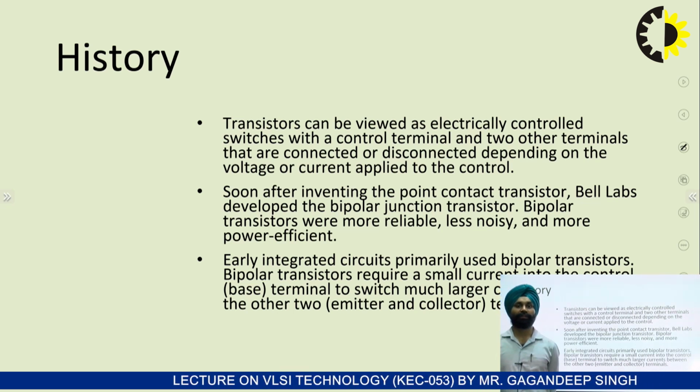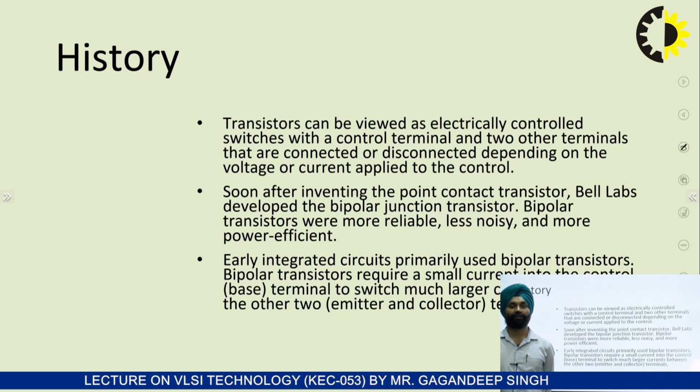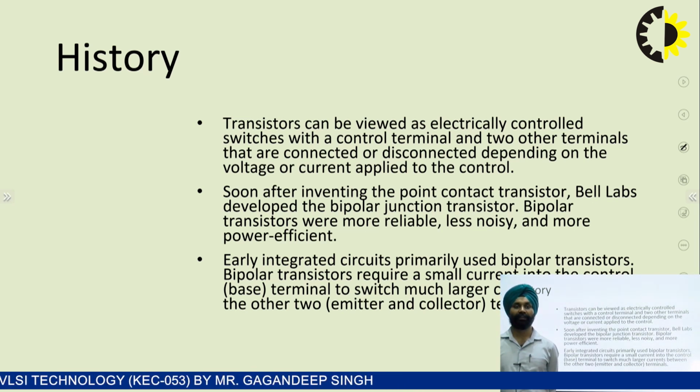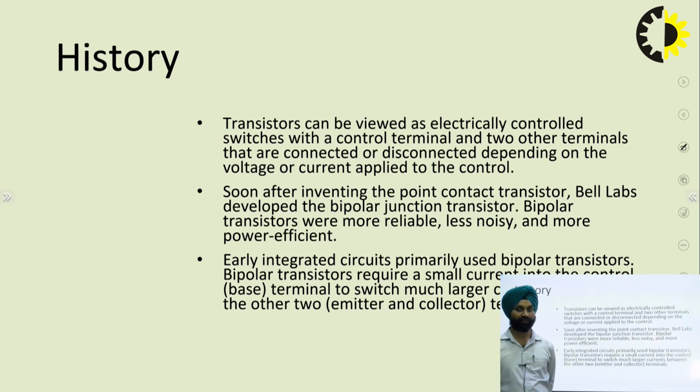Mainly BJTs were used to create ICs which require a small current to control the whole input output. Here the input is given at the emitter, and the output terminal can be taken as the collector.